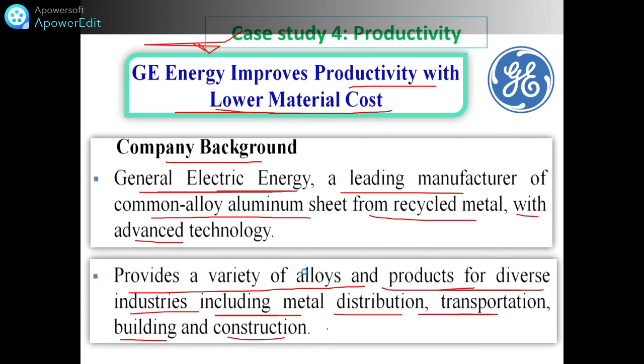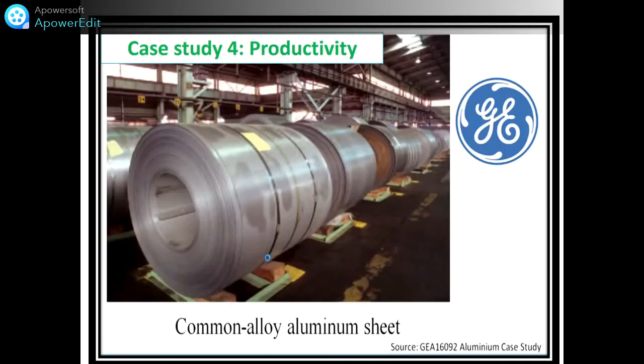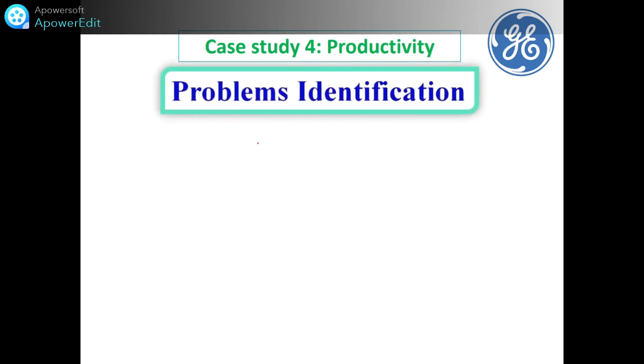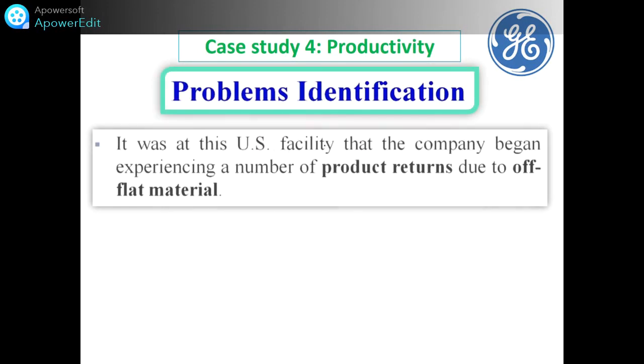So friends, we'll see the case study of productivity improvement under this company. They are manufacturing this common alloy aluminum sheet. See in this picture, you can see the type of sheets they are manufacturing. Under this case study, we'll see the problem identification and problem statement.